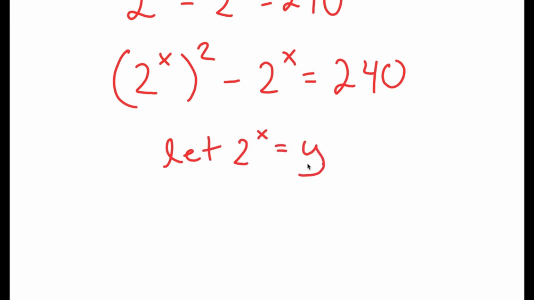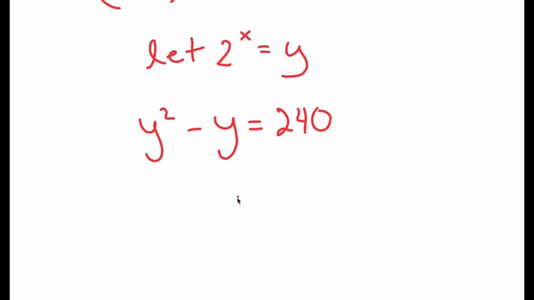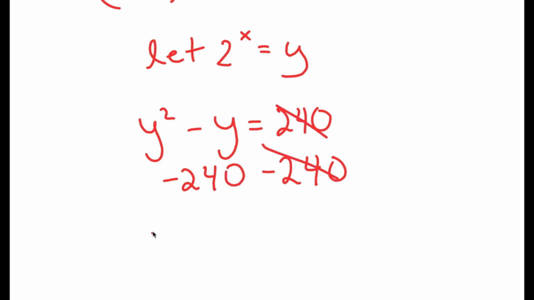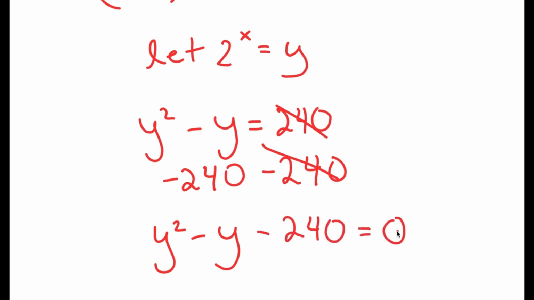So if I substitute in y for 2 to the power of x, I get y squared minus y is equal to 240. And now, I can subtract 240 on both sides. So these two cancel out, and I get y squared minus y minus 240 is equal to 0.